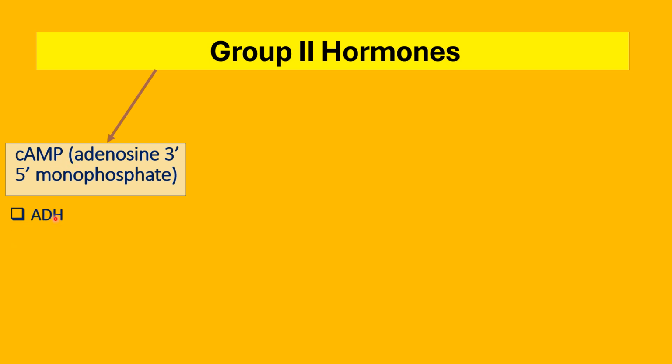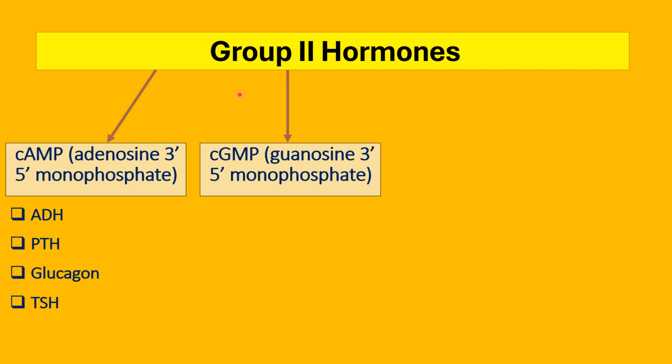Examples include ADH or the antidiuretic hormone, PTH or the parathyroid hormone, glucagon, and thyroid stimulating hormone. The second subcategory includes hormones which act through cyclic GMP, that is guanosine monophosphate. Examples include atrial natriuretic peptide and nitric oxide.